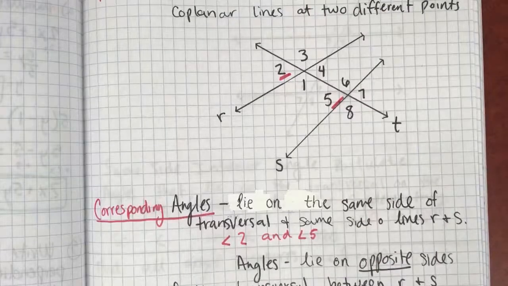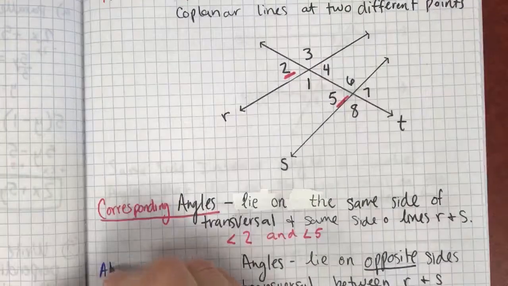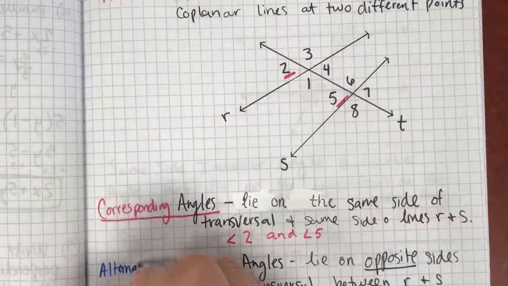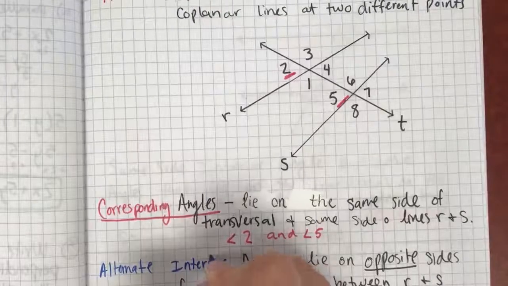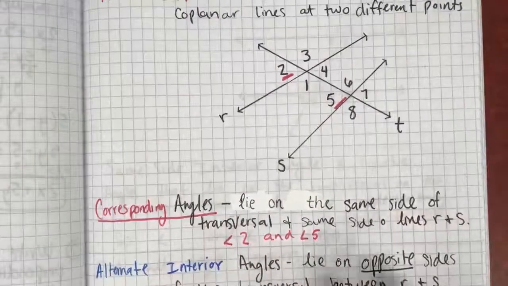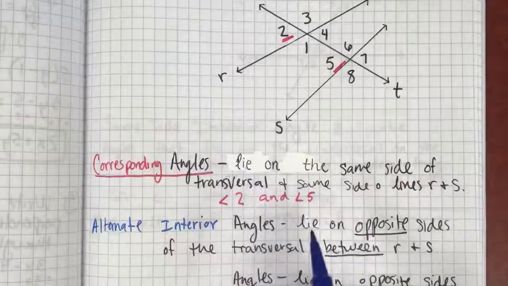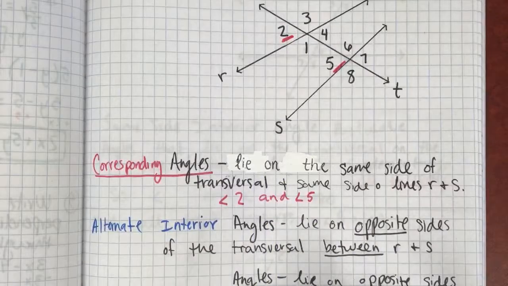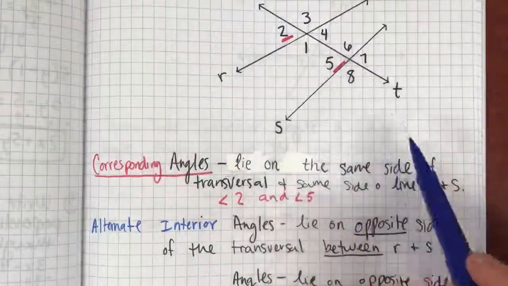All right, the next one would be alternate interior angles. Alternate meaning opposite, interior meaning it's between the two lines.